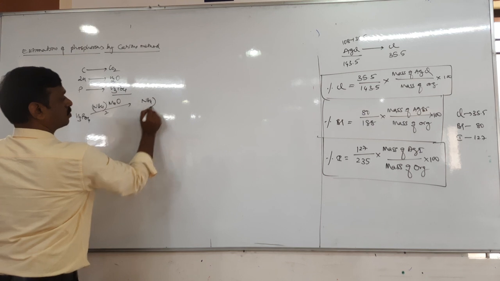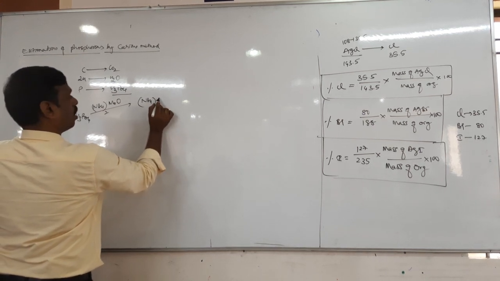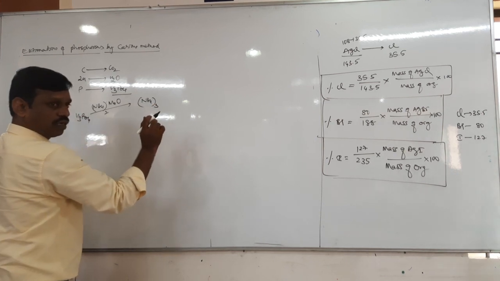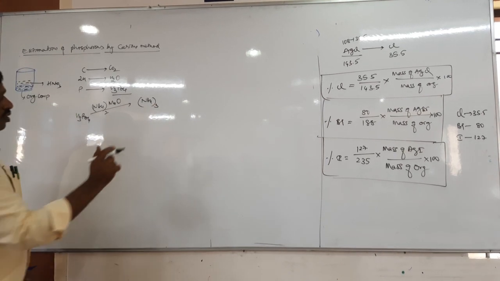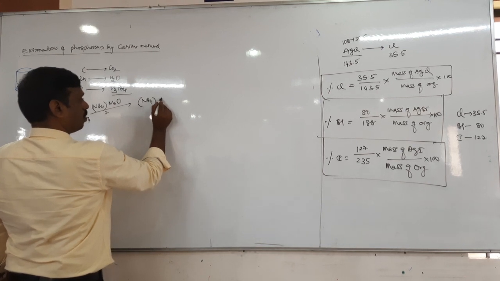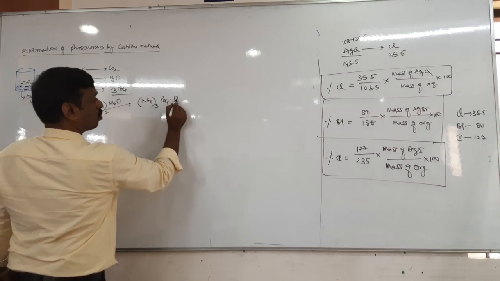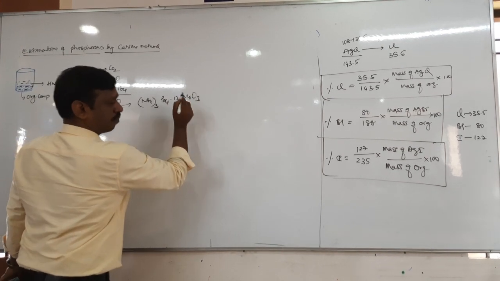Ammonium phosphomolybdate, right? NH4 twice or thrice? I think thrice. (NH4)3PO4.12MoO3.